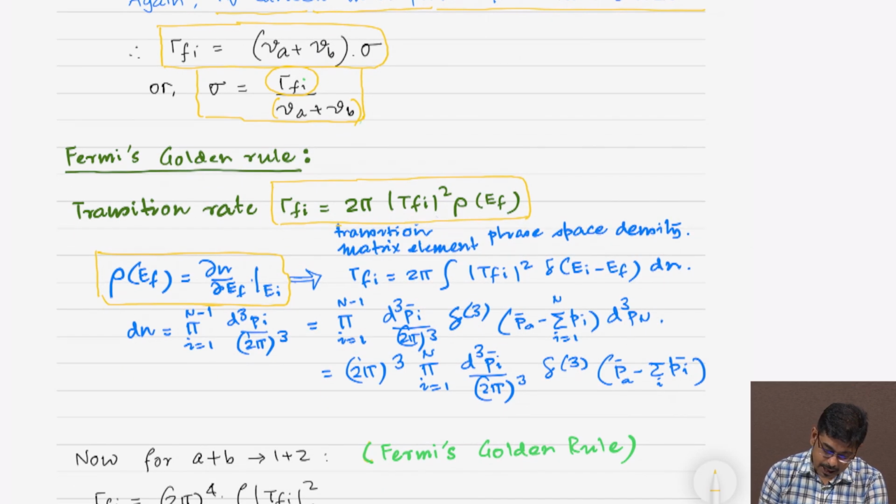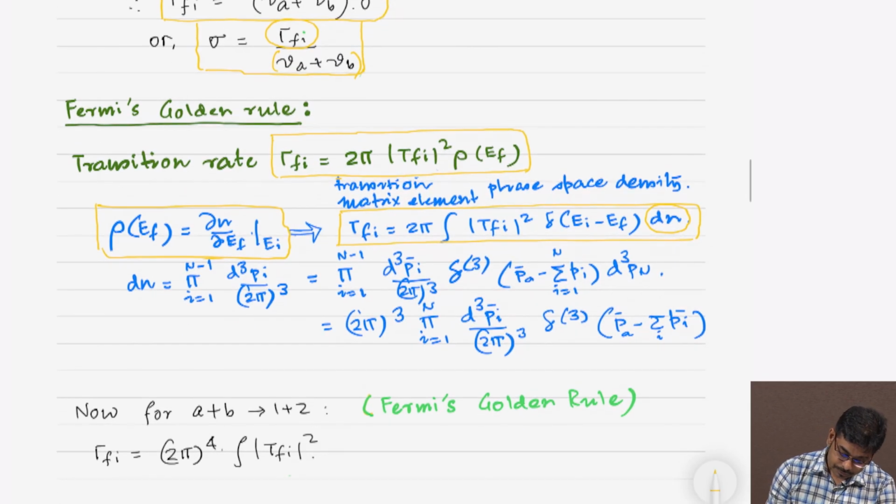The phase space density del n by del Ef, if you remember, can be dressed up into a delta function, delta of (Ei minus Ef) times dn, and this dn can be written as the product over i equal to 1 to n minus 1 of d cube pi by (2 pi) whole cube. This is for an n-body final state.